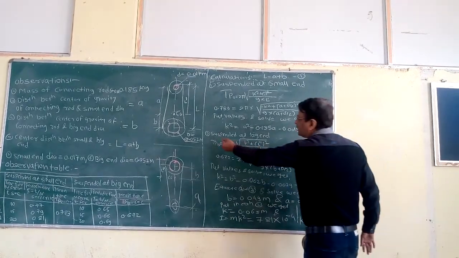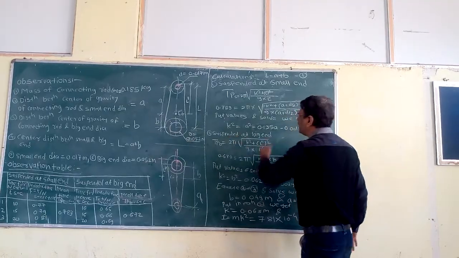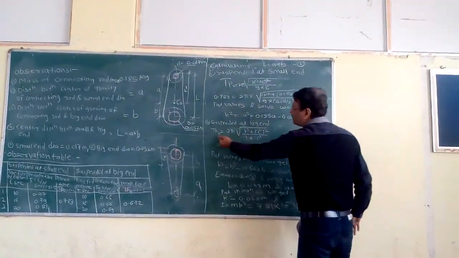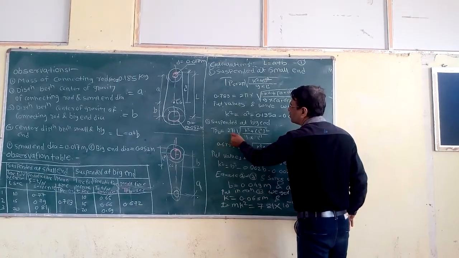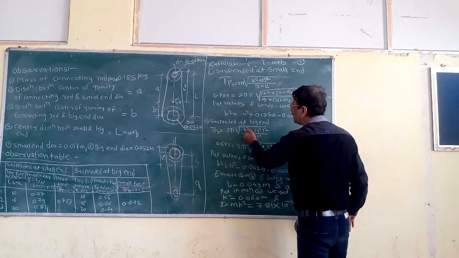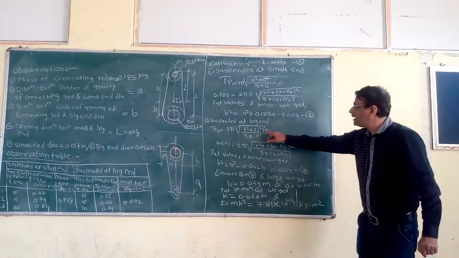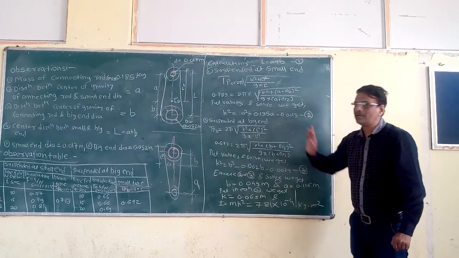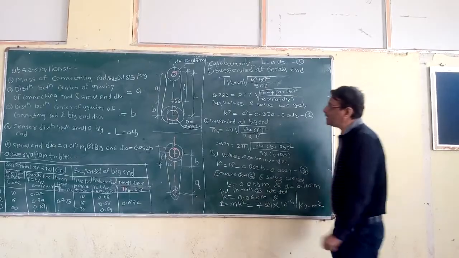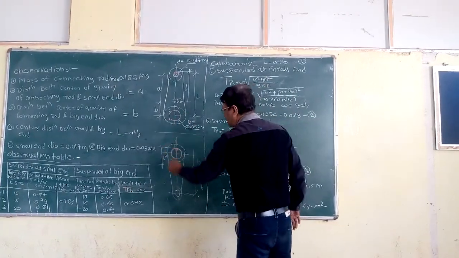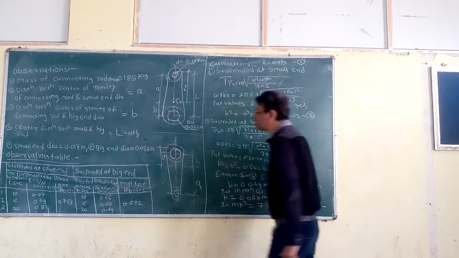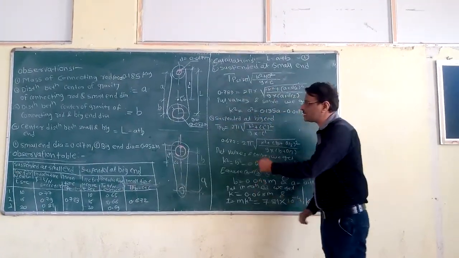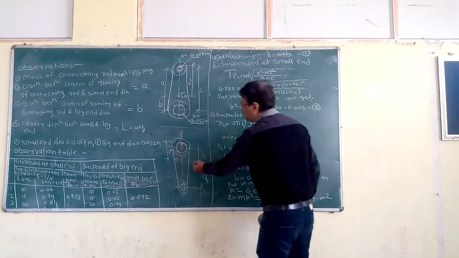Again, the connecting rod is suspended from the big end. Now, TPB is equal to 2 pi under root of k square plus (L double dash) whole square, divided by g into L double dash. What is L double dash? L double dash is the distance of suspension from the big end to the CG.